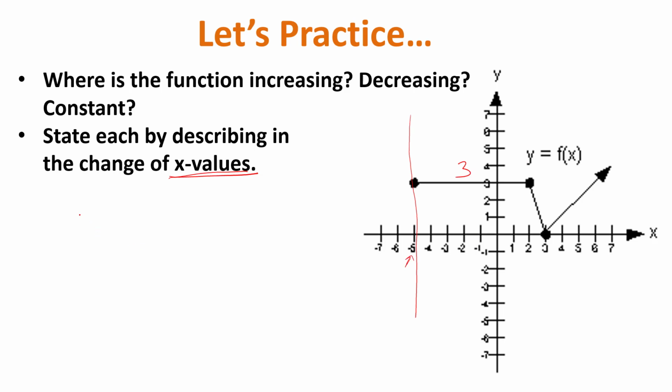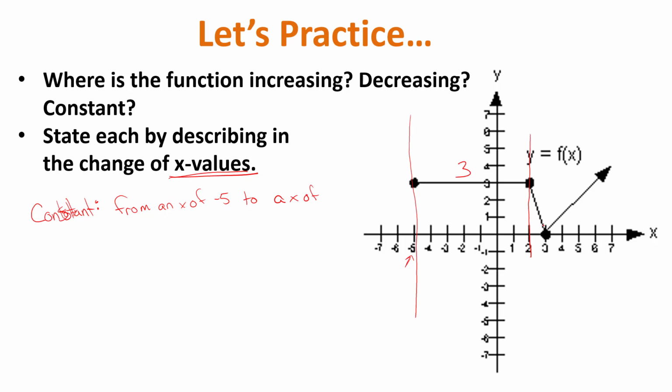So -5. Well, we are constant at -5. So I'm going to go ahead and label constant. C-O-N-S-T-A-N-T. That's what that says. It's constant from an x of -5 to an x of, well, where does it stop being constant?